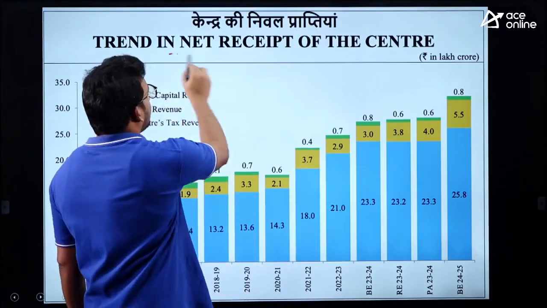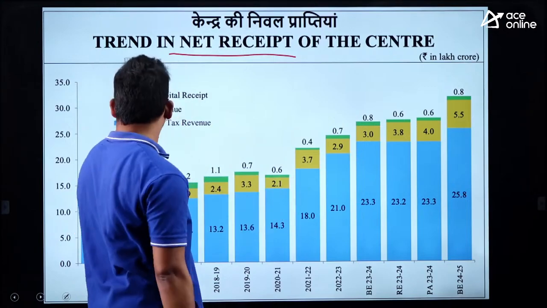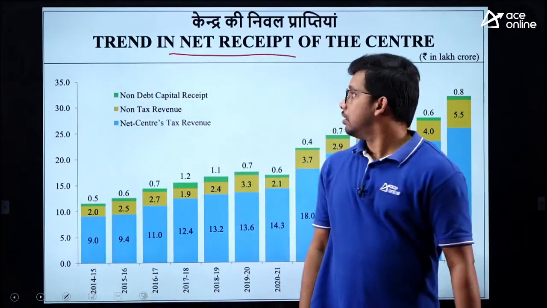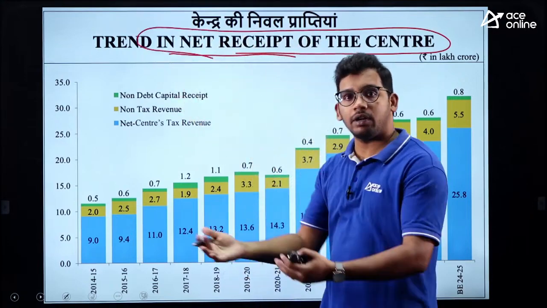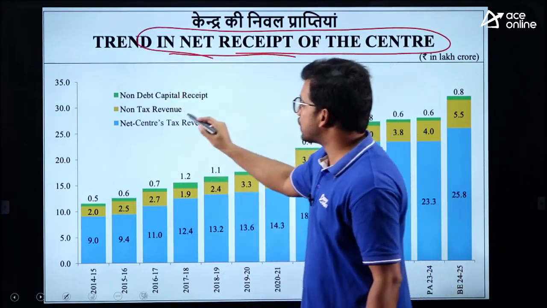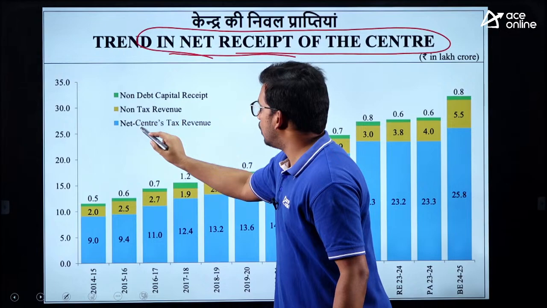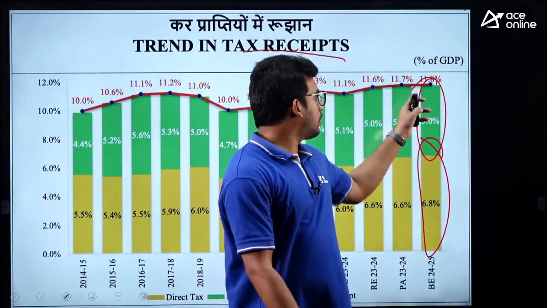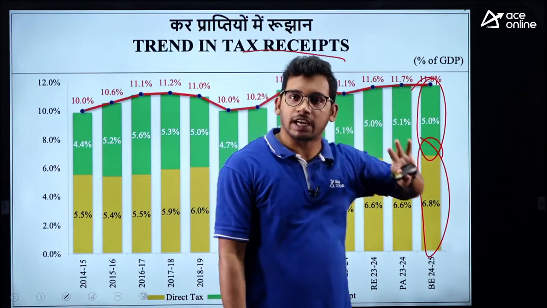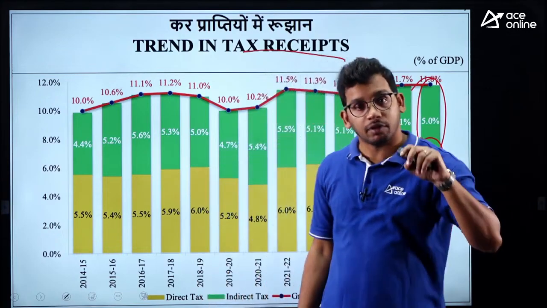Then trend in net tax receipts of the government. So here net receipts of the Center, what the central government is receiving. First one you can see tax receipts, we have already seen, the total is 11.8% of the total GDP, the money that government is getting from taxes.